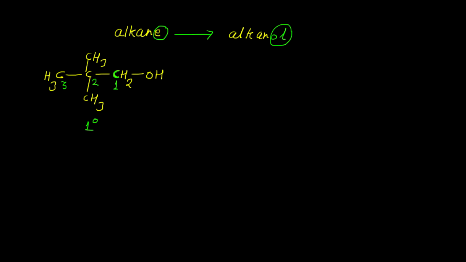Now here you can see that different substituents are present. Here at carbon number 2, two methyl groups are present. So we must write 2,2-dimethyl. And the total number of carbon atoms are 3. So parent compound is propane, but the OH group is present on carbon number 1.